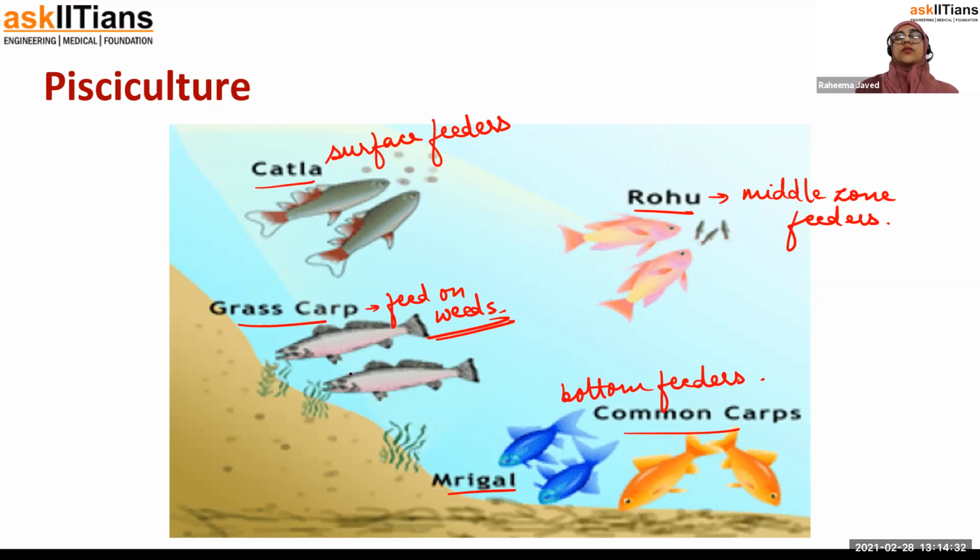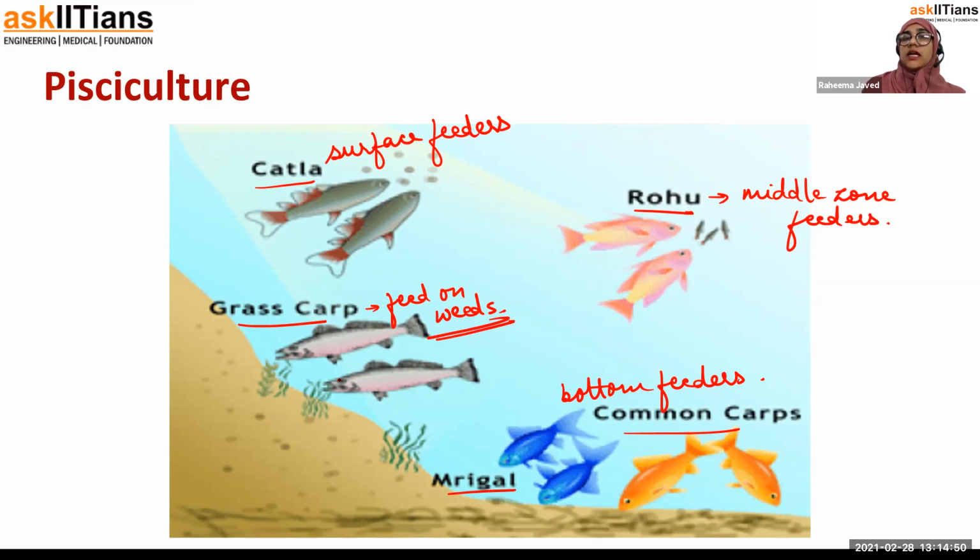One advantage of growing different types of fishes having different food habits in the same pond is that they will not compete for the resources. Okay, which is a very advantageous process.